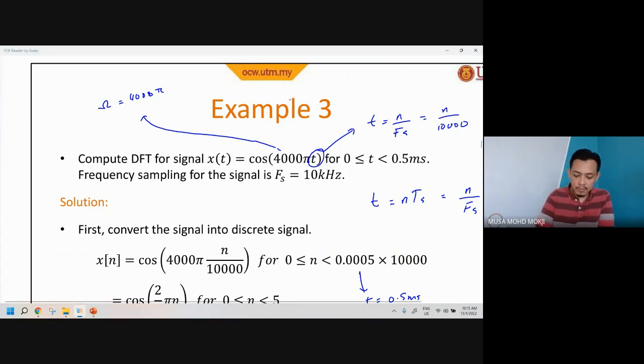And this is equal to 2 pi f, where f is our frequency in hertz. So what is f? f is equal to 2,000 hertz. So our signal is a single frequency signal, and the frequency is 2,000 hertz.